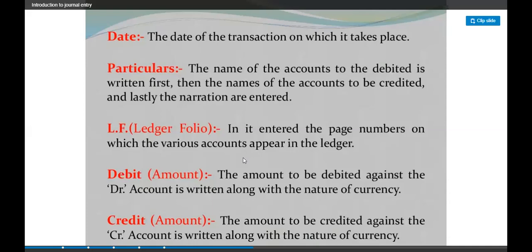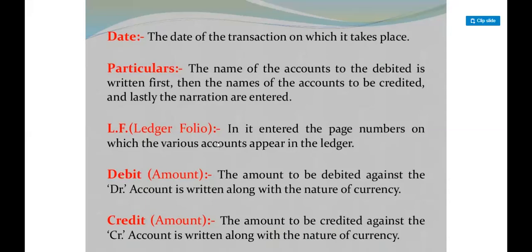So ledger and journal must be matched. तो ledger का जो paper होगा, that page number will be written in the journal's ledger folio, so that if you want to tally your transaction, तो आप journal का जब book open करें, journal के page से when you will be which page of ledger to be opened, आप उस ledger folio को easily open कर सको. So it is simply writing the page numbers in journal. और ledger folio में, ledger में जब आप जाओगे, then journal number will be there.